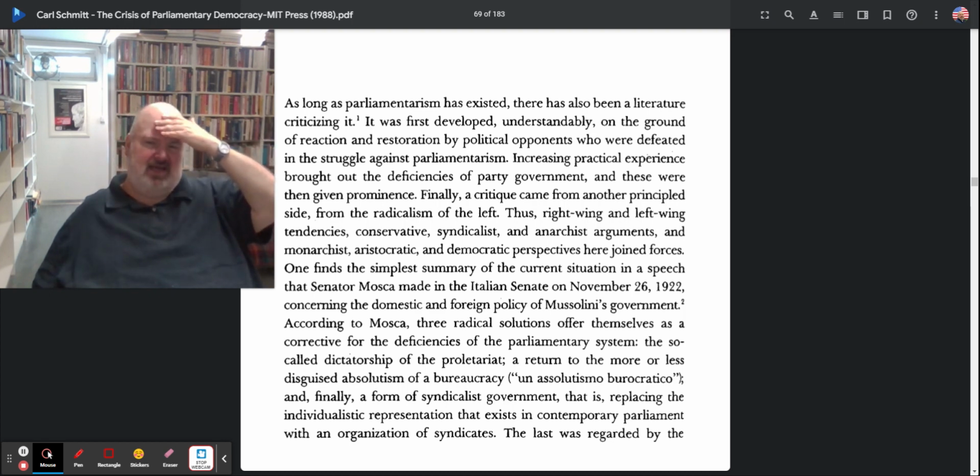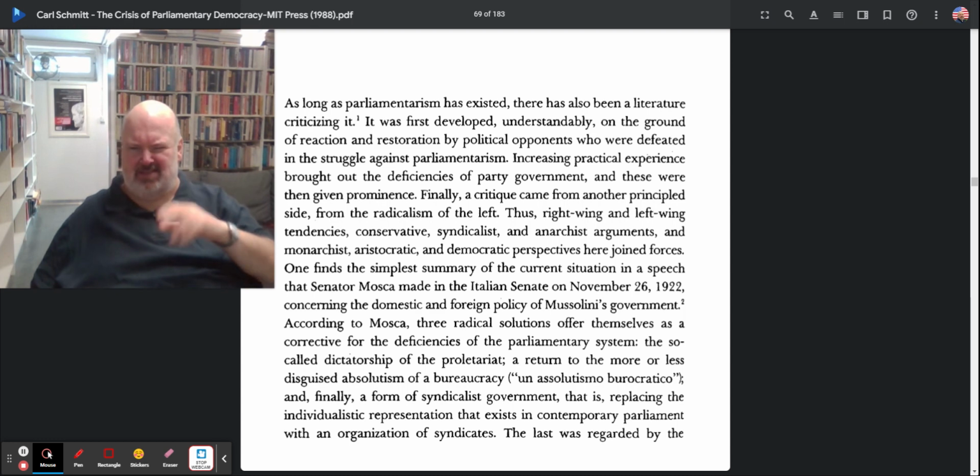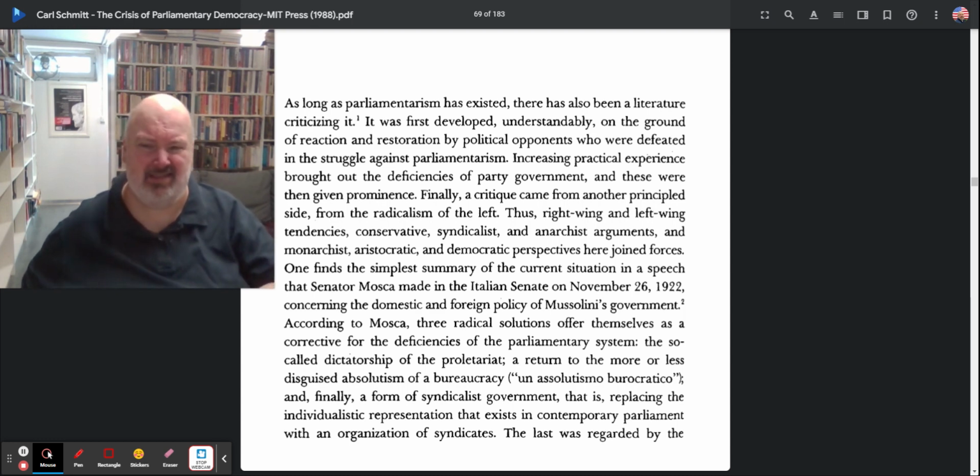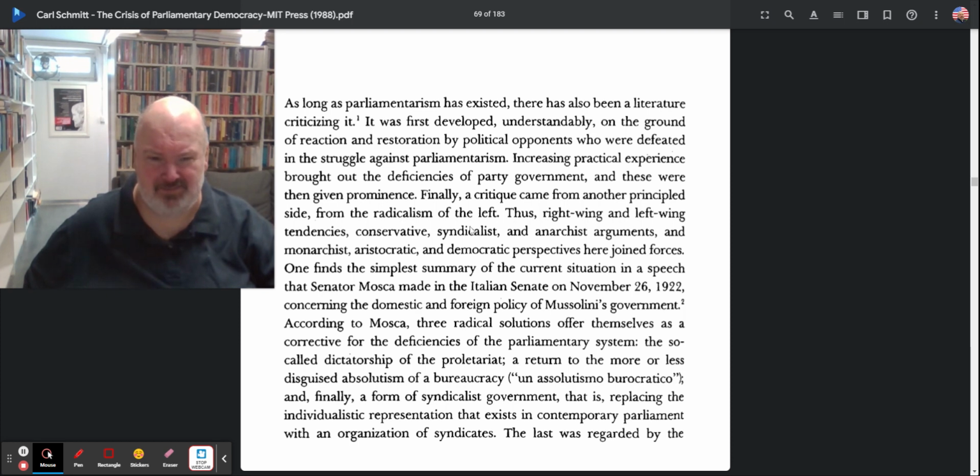Right. The more classical argument for the liberal is kind of John Stuart Mill in the 19th century, right? Even Bentham in the early 19th century gives a critique of some aspects of legislative rule. So, legislative government in that sense.